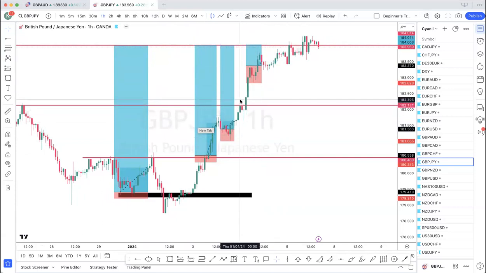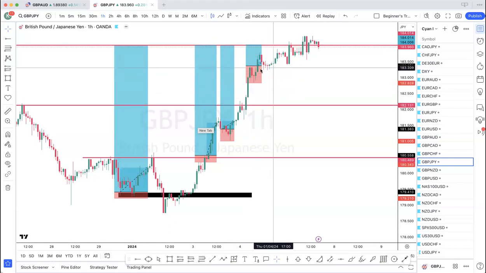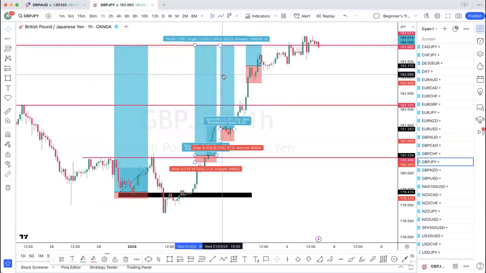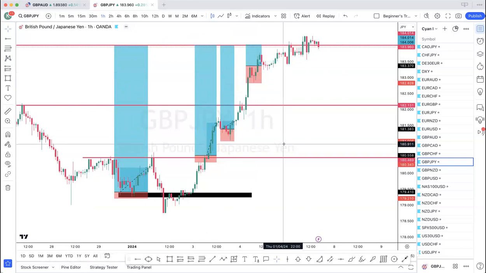Price broke here, it didn't pull back, so you wouldn't have gotten into that one. But price broke structure here and pulled back. You see the wicks, it gave an order block, and then you could have taken it. So we were talking about 461, 345, 262, and 66. That would have been your stack right there.